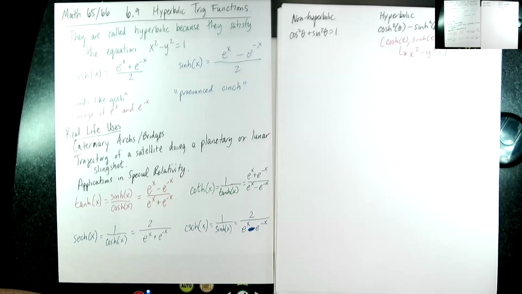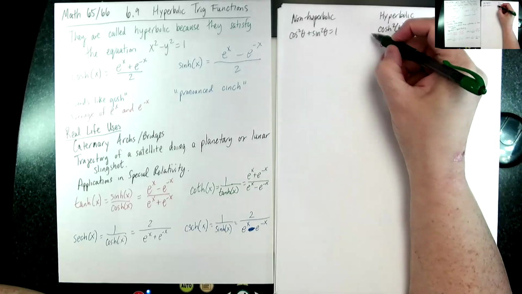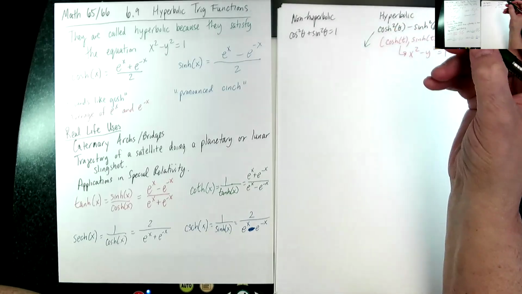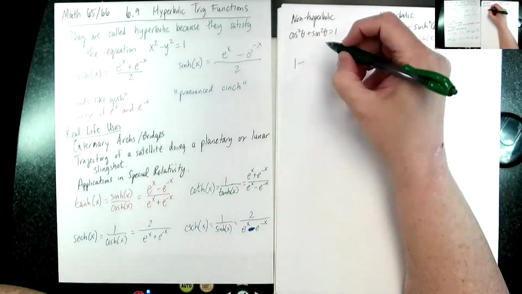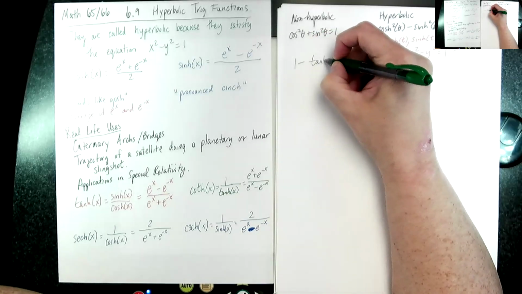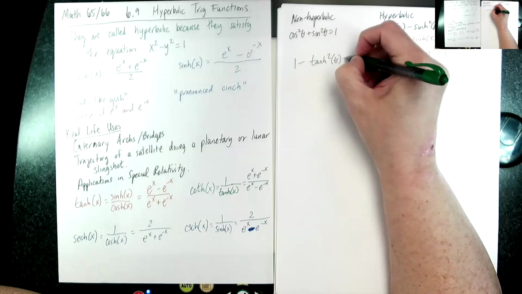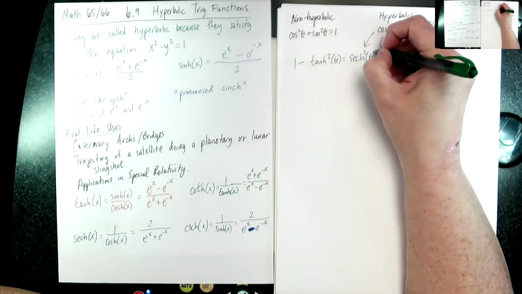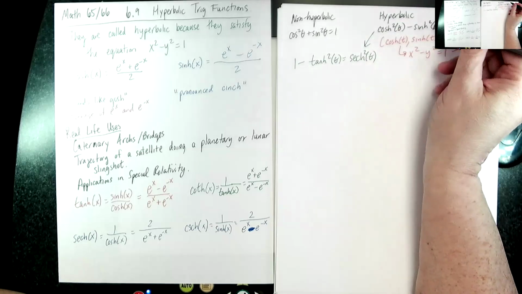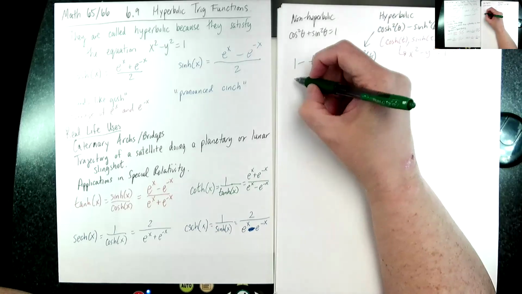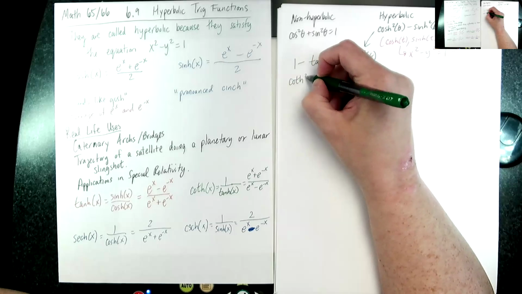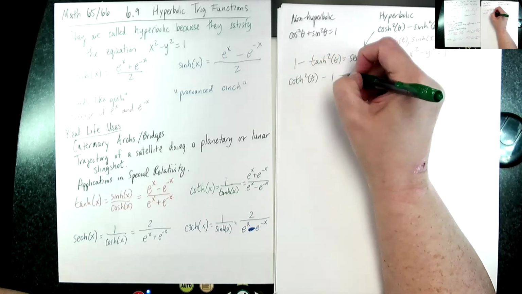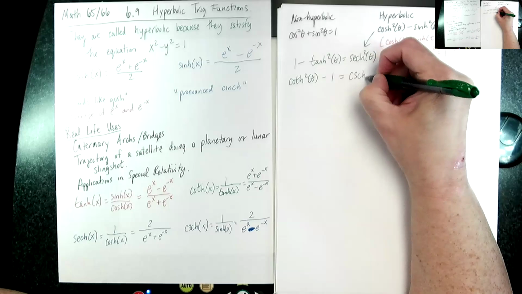And this one leads to your variant forms. If you divide by cosh squared, you get 1 minus tanh squared theta equals sech squared theta. And if you were to divide by sinh squared, you get coth squared theta minus 1 equals the hyperbolic cosecant squared.